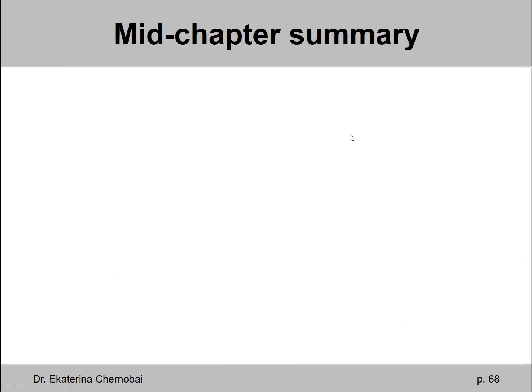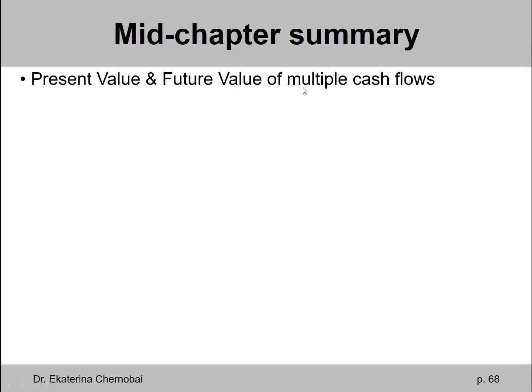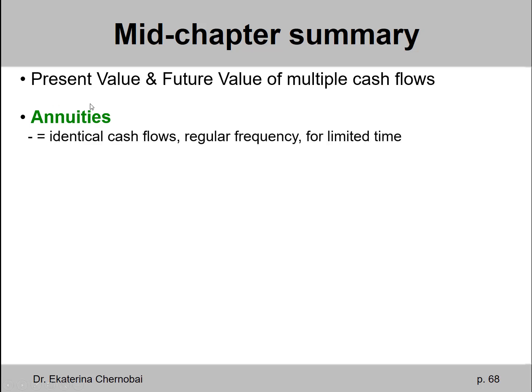Let's summarize what we have learned in this chapter so far. We looked at multiple cash flows, present value and future value. Then we looked at a special case of multiple cash flows when all of them have the same dollar value. So they're the same amounts of money. That's an annuity.